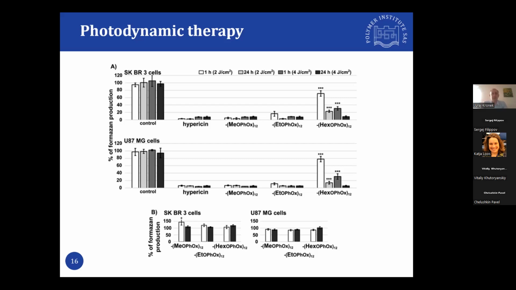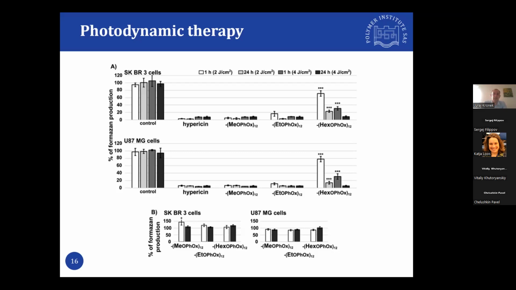You can see in the control there was only light without the hypericin, and no effect on viability was observed. Then we have the pure hypericin and the effect of three different copolymer formulations.